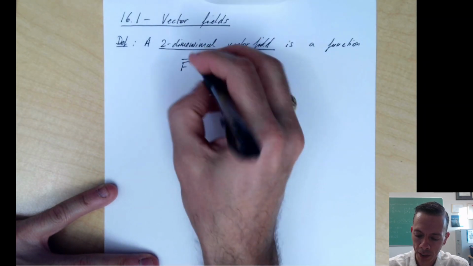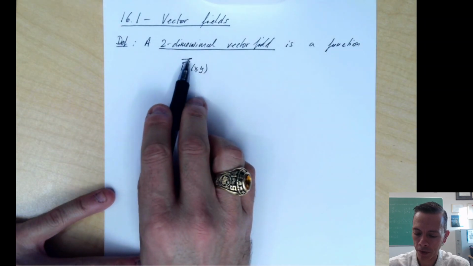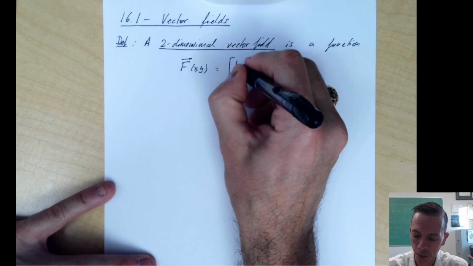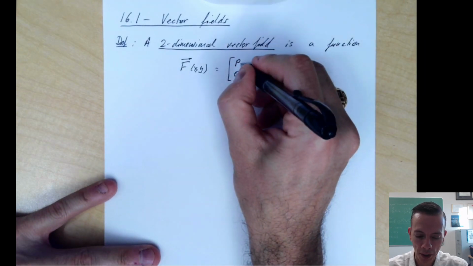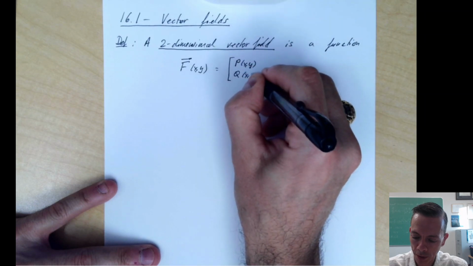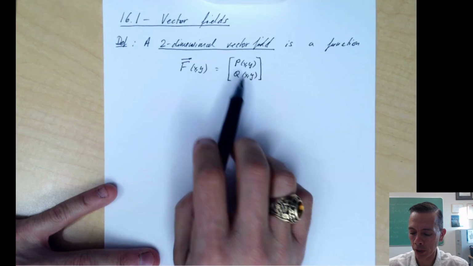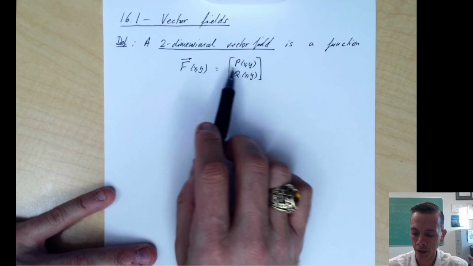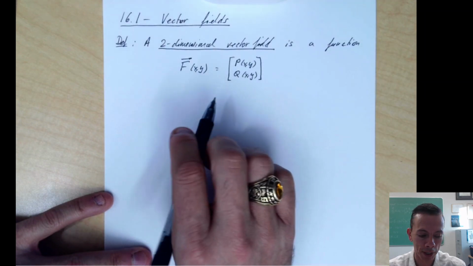So this is written as a function of xy, and the output of the function is a vector, so that's why there's a little vector on top here, and I'm using the column notation here for the vector whose components are p of xy and q of xy. So p and q independently of one another are scalar functions, but when you put them together in the form of a vector, this whole thing becomes a vector function, or also called a vector field.